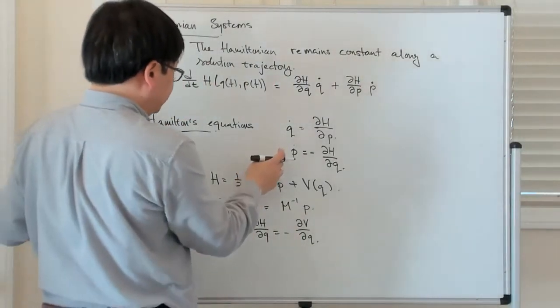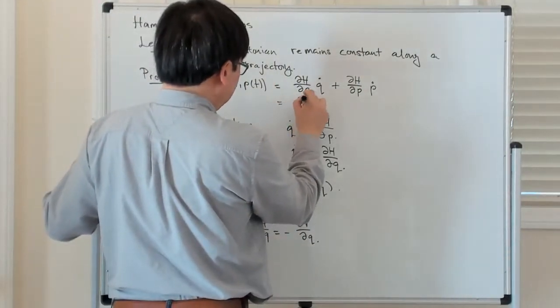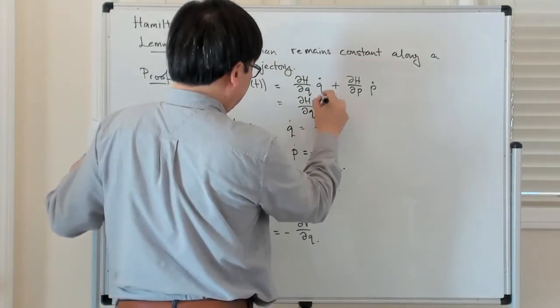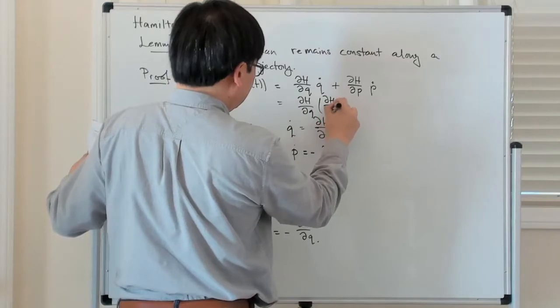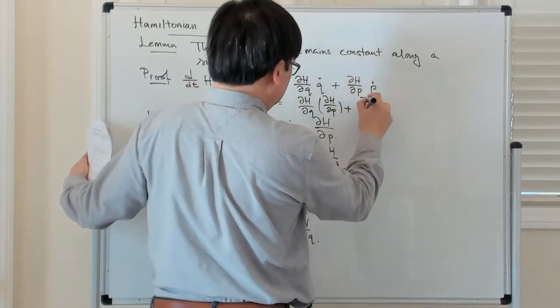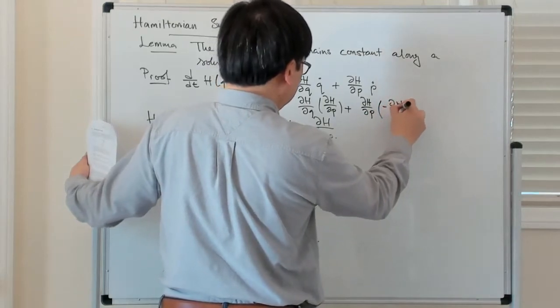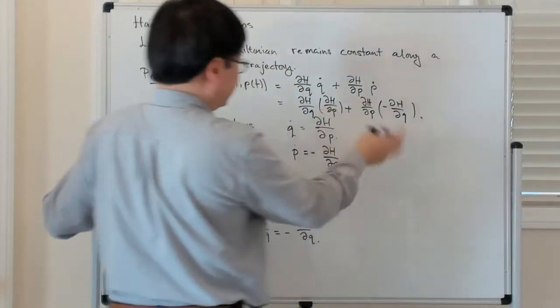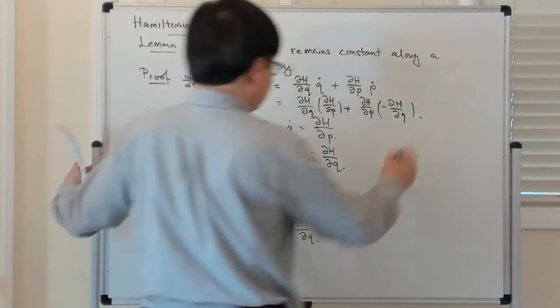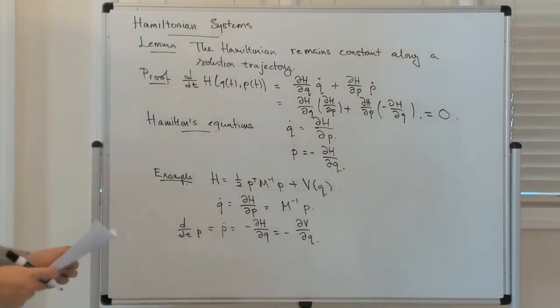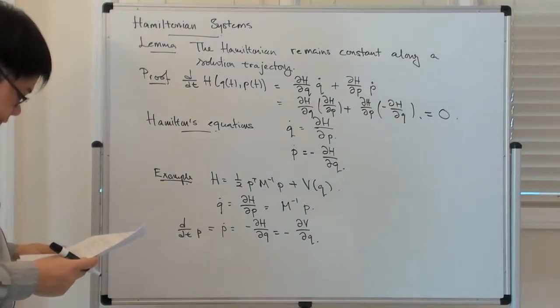Substituting Hamilton's equations, you get dH/dQ times dH/dP, plus dH/dP times minus dH/dQ. It's easy to convince yourself that those two terms cancel, and so the Hamiltonian is a constant of the flow.